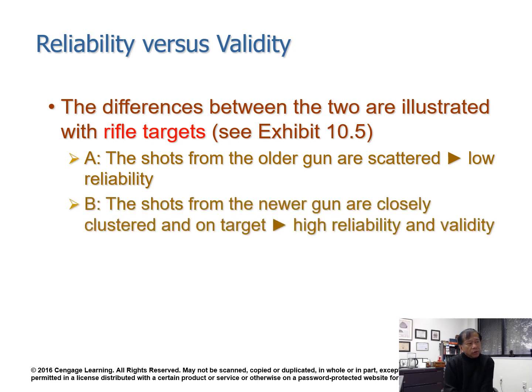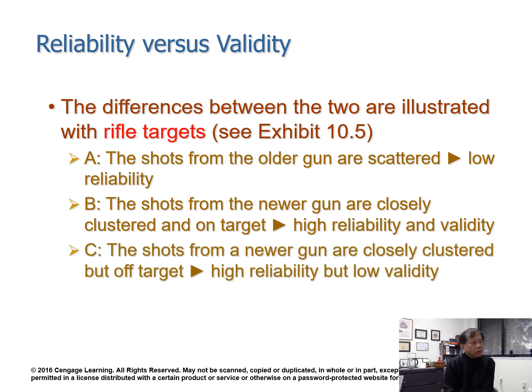The shots from a newer gun are closely clustered on the target, so it has higher reliability and even validity. If the shots from a newer gun are closely clustered but off target, then even though the reliability is good, the validity is not good. So it has high reliability but low validity.